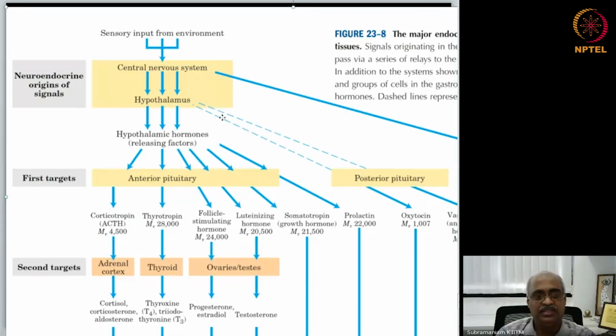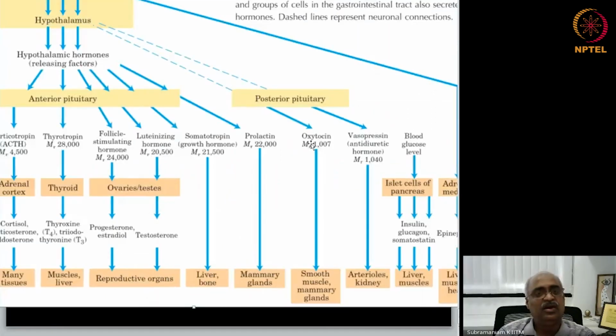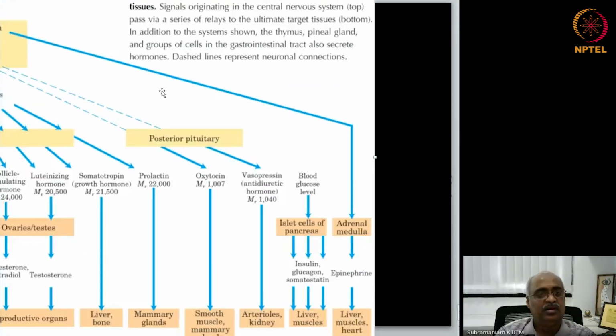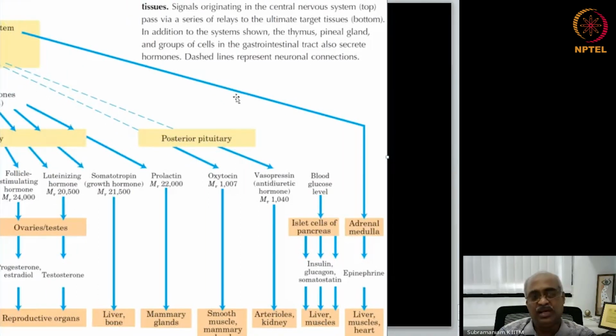But sometimes it is not strictly this. For example, if you see here, some of the hypothalamus hormones skip the pituitary and directly act on the endocrine glands. For example, the adrenal medulla responds to the hypothalamus and produces epinephrine.